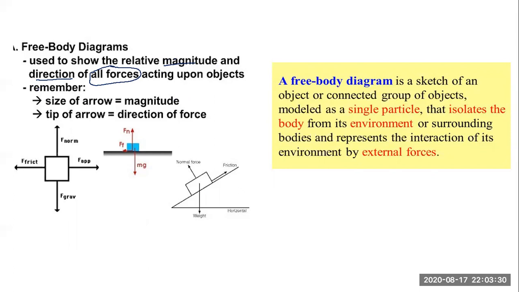All these three types of forces have to be shown with their magnitude and direction. The size of the arrow shows the magnitude of any force. The tip of the arrow shows the direction.